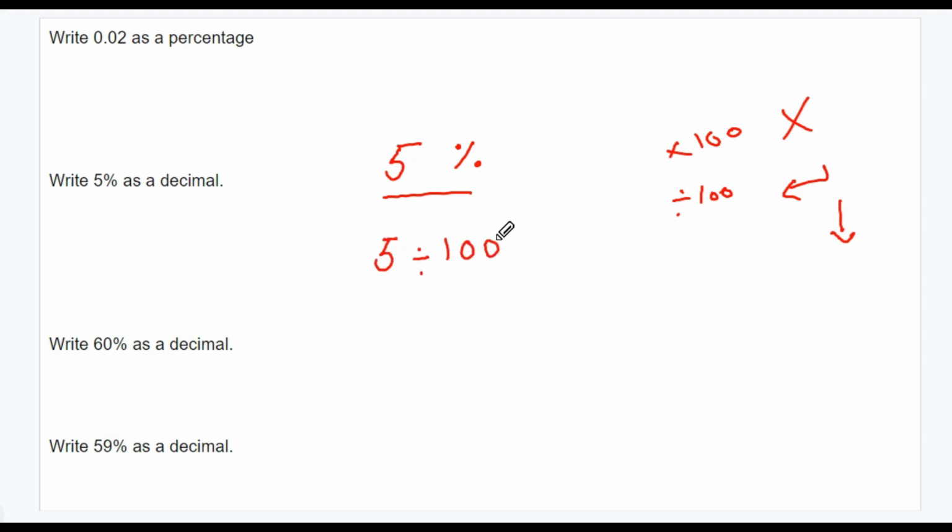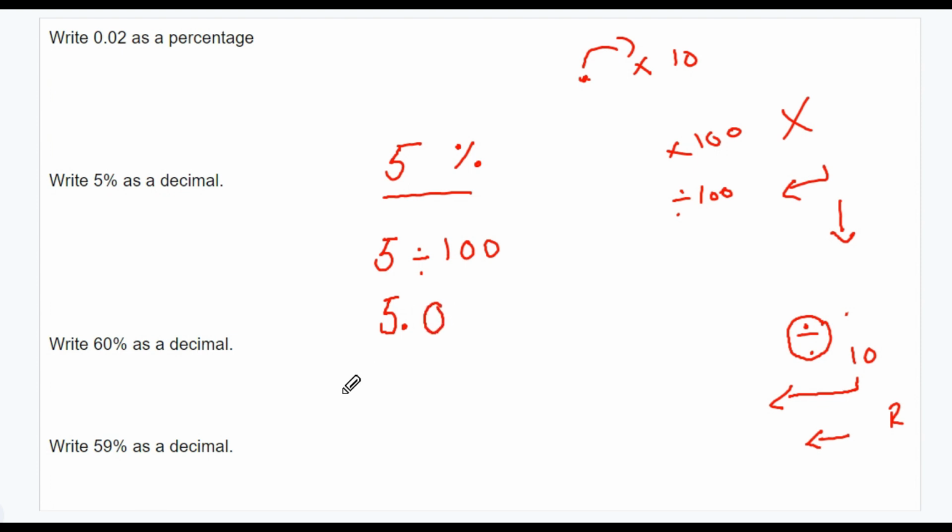Remember that when we multiply by tens, your decimal moves forward. In the same way, when you divide by tens, your decimal moves in the opposite direction, from right to left, because when you are dividing, you are going back. Now see where the decimal is at 5. Your hidden decimal is always at the end, so I can write 5.0.